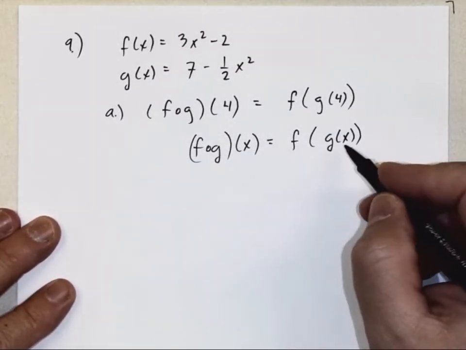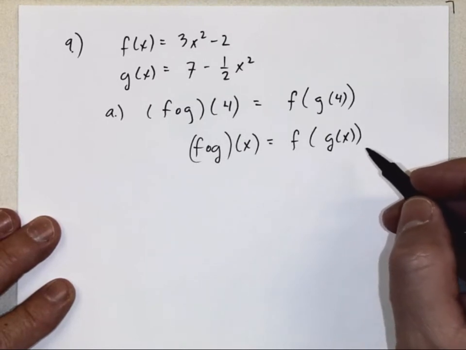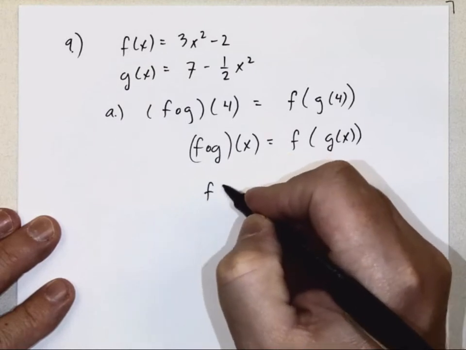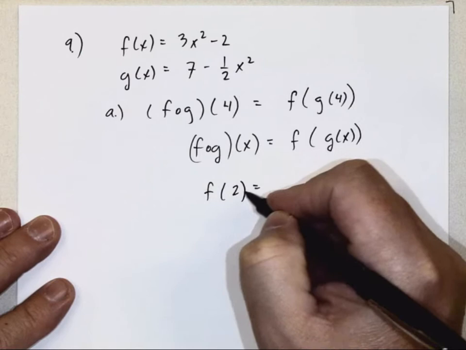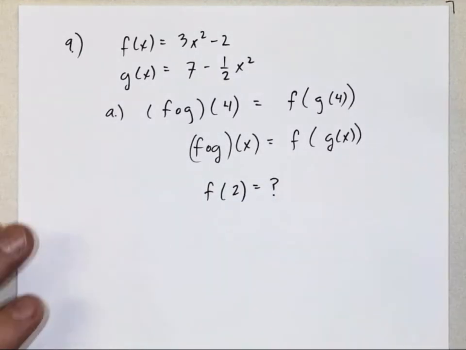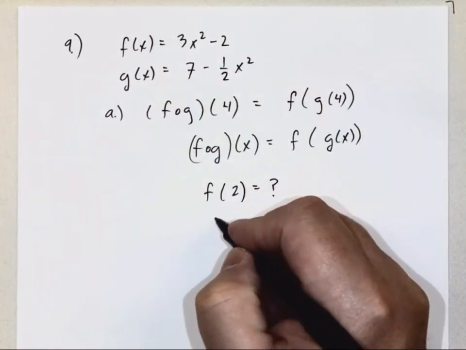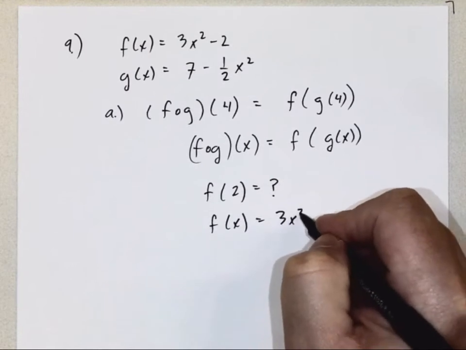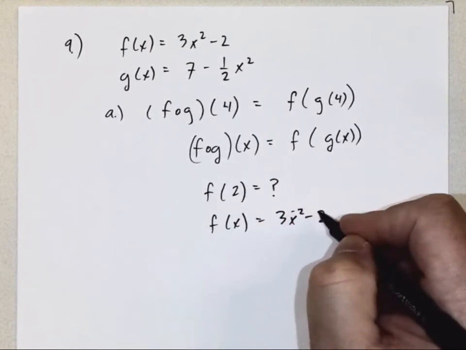F of g of x says, I think most of you understand function notation, where just for fun, if I said, what is f of 2? Function notation means you get your f function, right? F of x equals 3x squared minus 2.